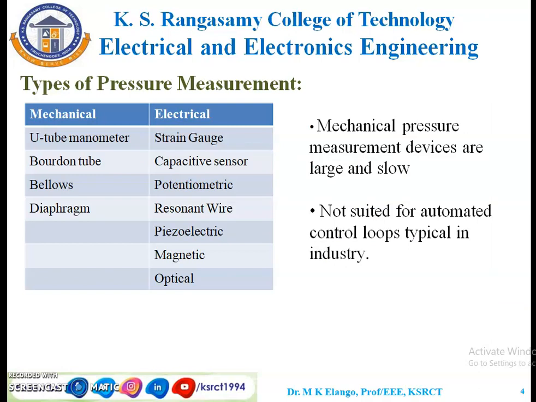And when we look at the pressure measurement types, there are two types: mechanical pressure measurement and electrical pressure measurement. Under mechanical pressure measurements, the U-tube manometer, Bourdon tube, bellows and diaphragm are the types. And on the electrical side, strain gauge, capacitive sensor, potentiometric, resonant wire, piezoelectric, magnetic and optical are the types of electrical pressure measurement.